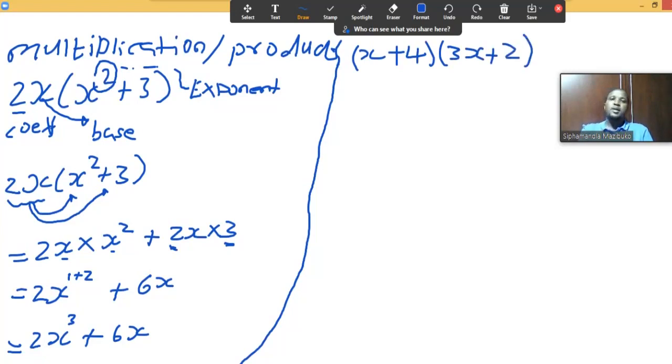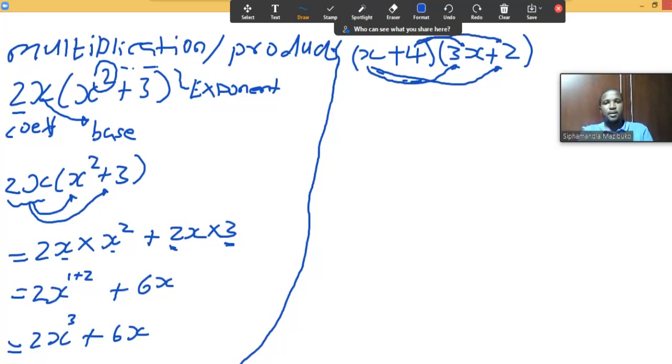Because this is a binomial by binomial, we have to multiply the first term in the first bracket with the first term. So it's x times 3x. We do the same thing here. We also multiply x with 2. Then we do the same thing: we multiply 4 with that one, and we also multiply 4 by 2.